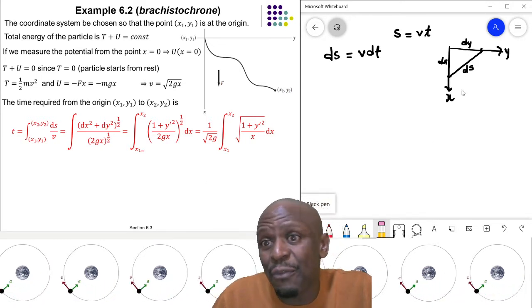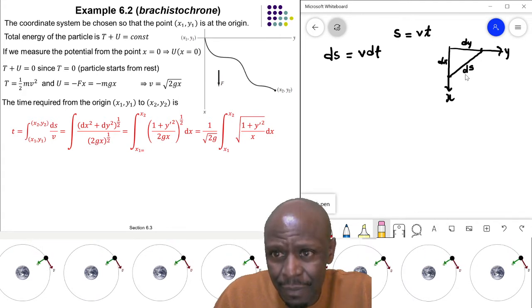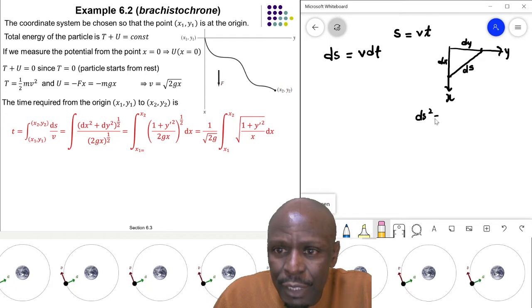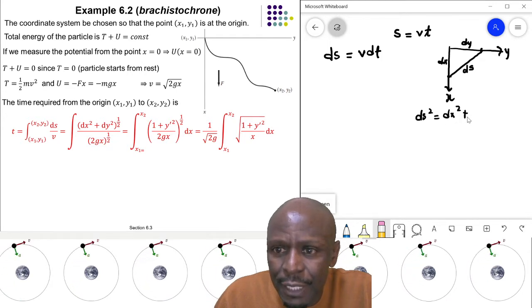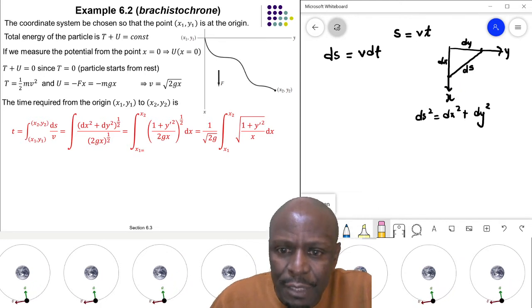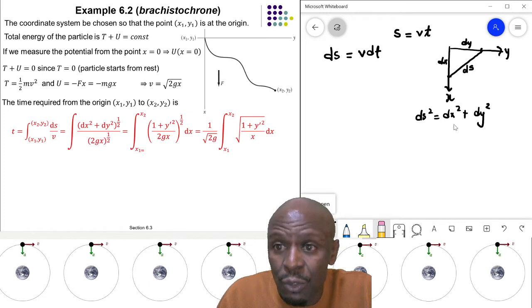You use the theorem of Pythagoras to get ds: ds squared is dx squared plus dy squared, because I am chopping a small piece here.